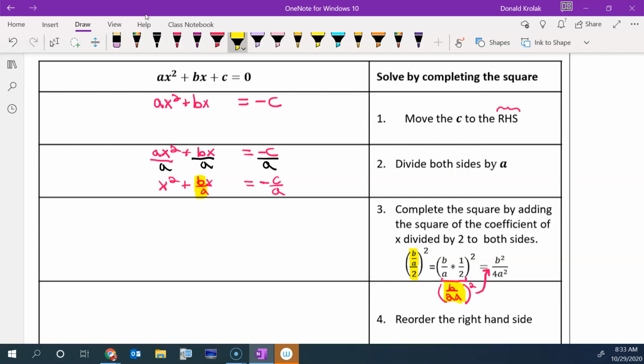All right, so we've got to add that to both sides. So over here, we're going to have x squared plus b over a x plus b squared over 4a squared. And then I'm going to add that to the other side.